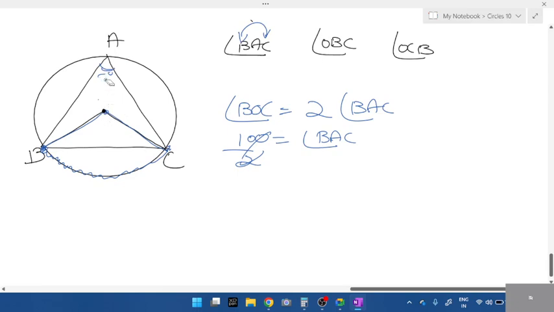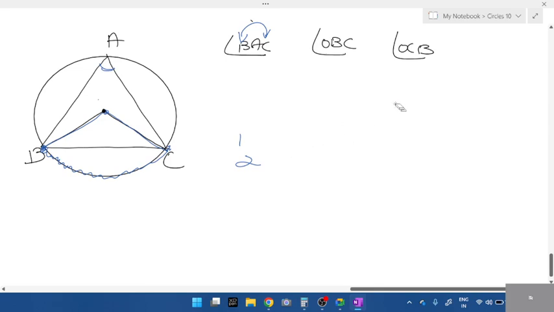Okay, see, this is the actual question. Angle BAC is equal to 40 degrees. Okay. Angle BAC is 40.